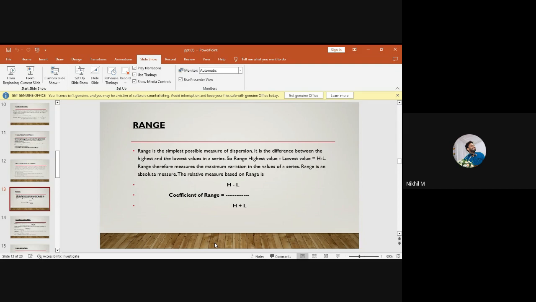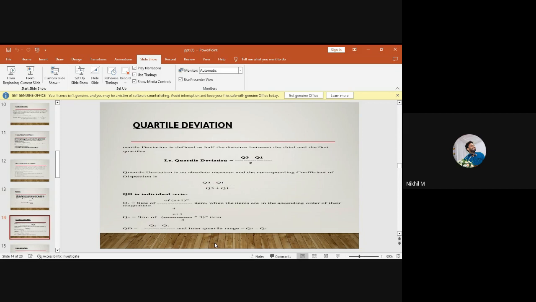Next one, quartile deviation. Quartile deviation is known as the semi-interquartile range. It is defined as half of the distance between the third and first quartile.